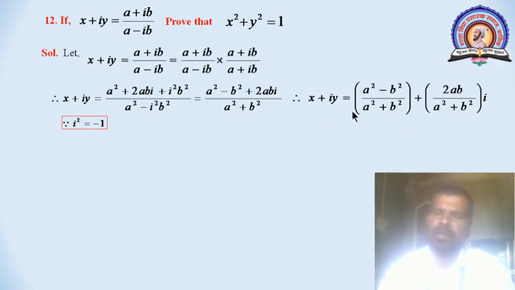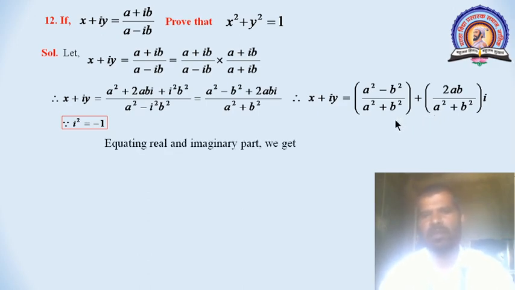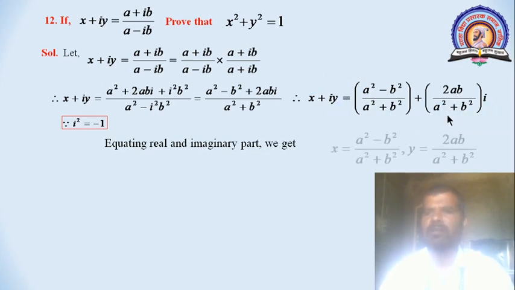Now if two complex numbers are equal, their real and imaginary parts are equal. So equating real and imaginary parts, we have x equal to a square minus b square upon a square plus b square, and y equal to 2ab upon a square plus b square.